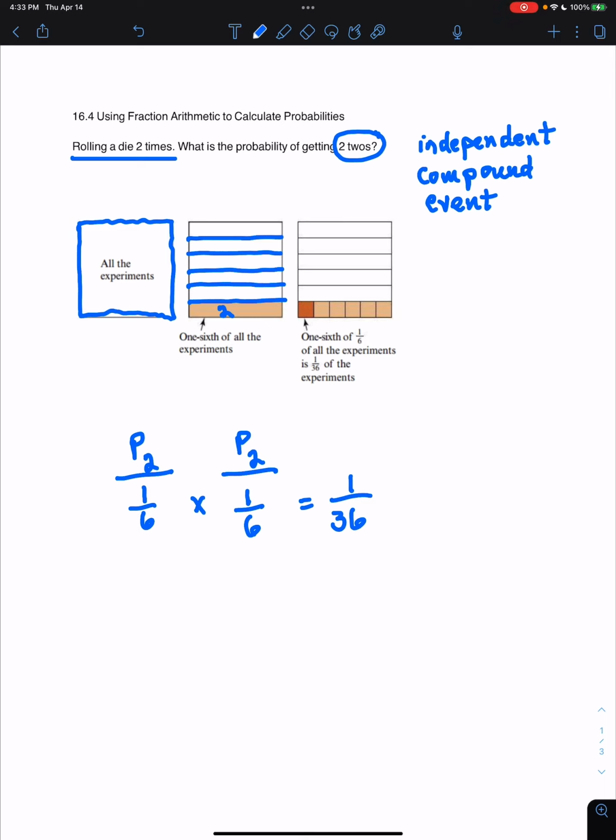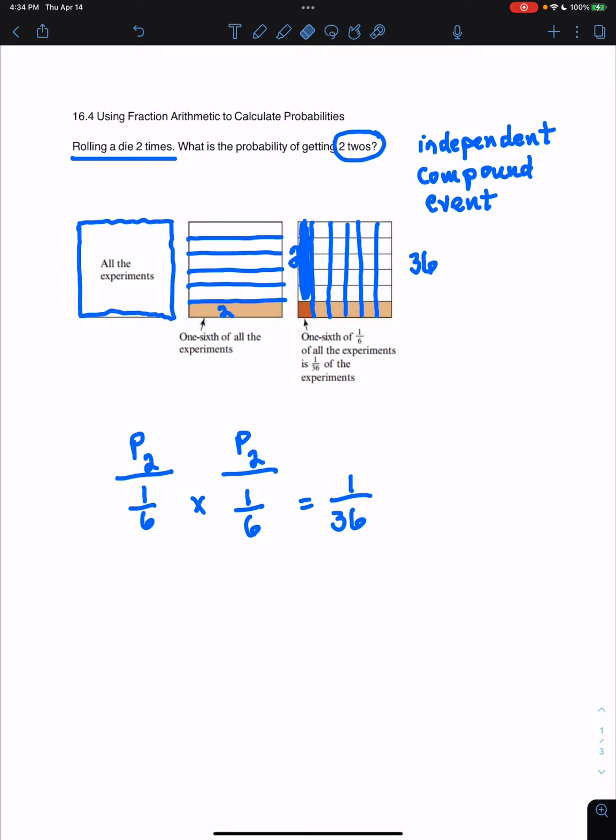Now, when we get to the second roll, we can again divide our box up into 6 equal pieces. And what has happened here is, and you can count them if you don't trust me, now we have 36 possibilities. We could shade this whole section in to represent, again, getting a 2.